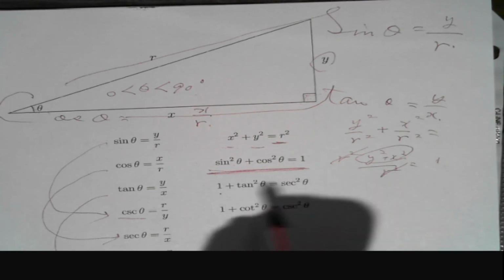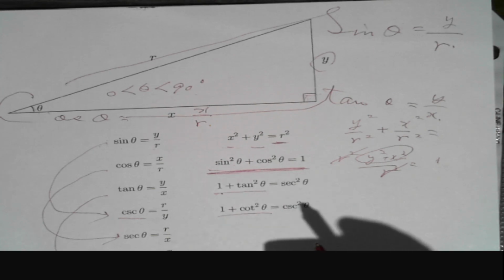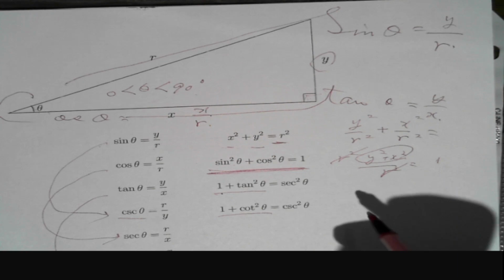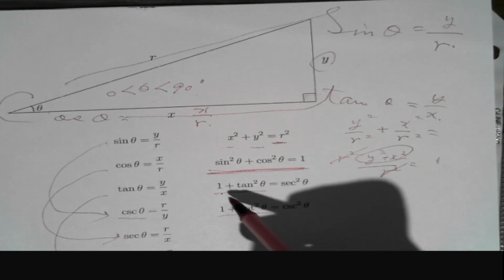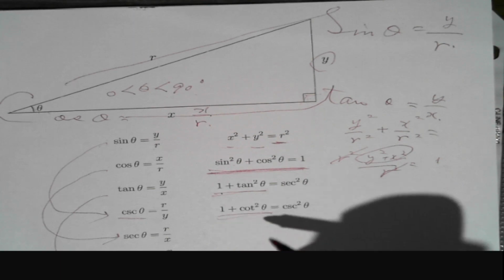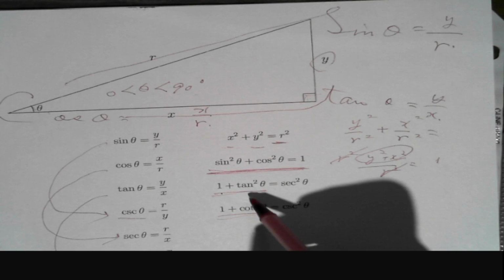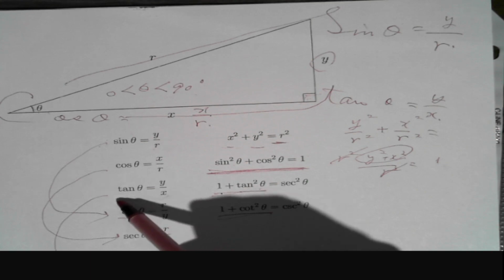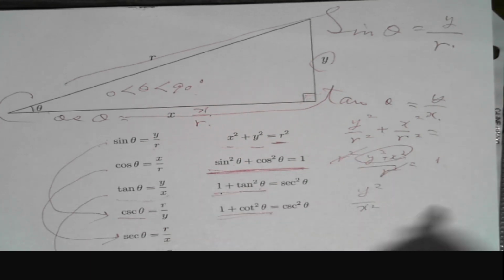And again, two more things; if you remember them, it will be very convenient. Later, in a test for identity problems, they use these definitions a lot, so many times. You'd better memorize it. So, tangent squared theta, according to the definition here, is y squared over x squared.